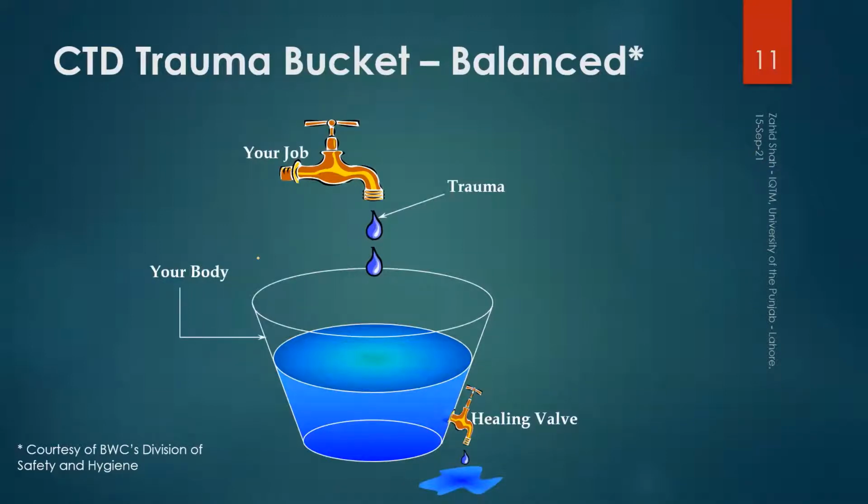So as a whole, this flask is your body, and this level of water shows the level of disorder that you are having. And that is the result of the job that you are performing. Now, if the rate of healing is sufficient so that whatever the level of disorder, it goes away with rest and nutrition, the worker feels stable and healthy and can continue the work.